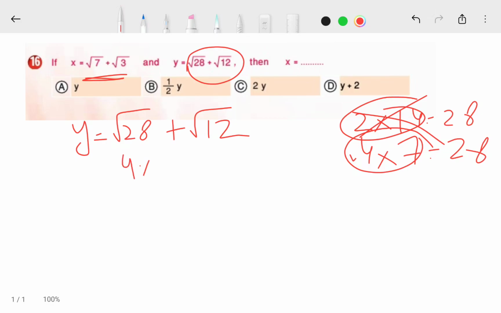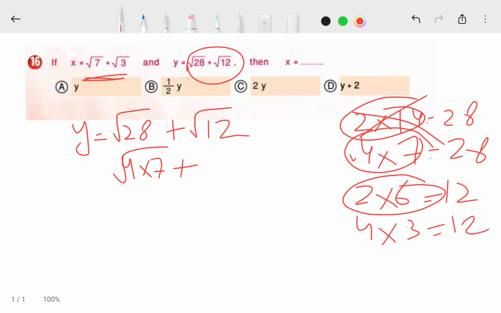So I am replacing 28 by 4 times 7. I am writing the factors for 12 here. 2 times 6 is 12 and 4 times 3 is 12. Ignore the first one because none of them is a perfect square. Take this one because 4 is a perfect square. 4 times 3. Replace the 12 by 4 times 3.